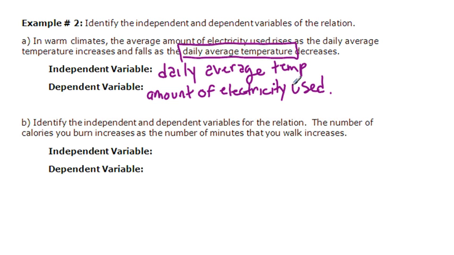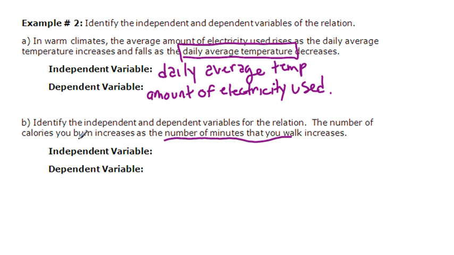Now B says identify the independent variables and dependent variables for the relationship. So the number of calories you burn increases as the number of minutes that you walk increases. So think about this, right? The number of minutes you walk should explain how many calories you burn.